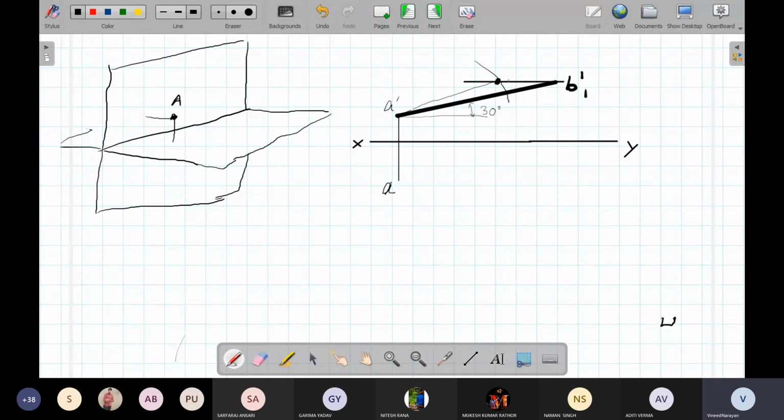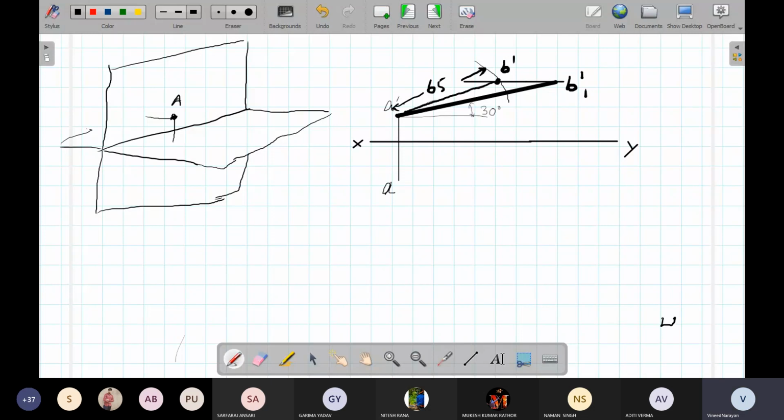So this will become our B dash. Now this is my projection or front view, and it is given that 65 is the length, and this 65 I have drawn using a compass. So this is an arc drawn by compass, and this one is the original or true line.